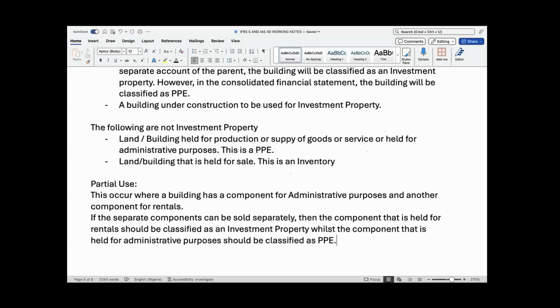In your books, if you can sell each flat separately, then the portion you are using for your office, you put in your books as building under PP. The other blocks of flats that you are renting out, you classify as investment property. Okay, so that's how those work.